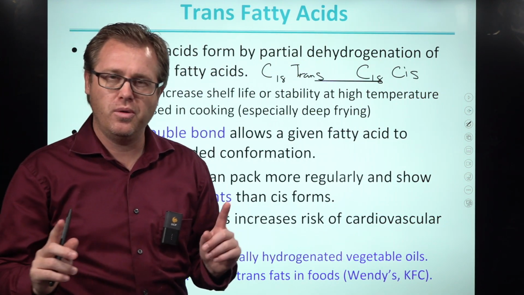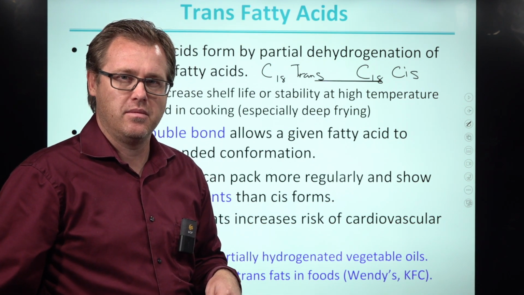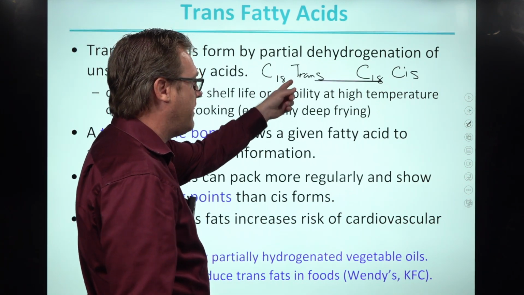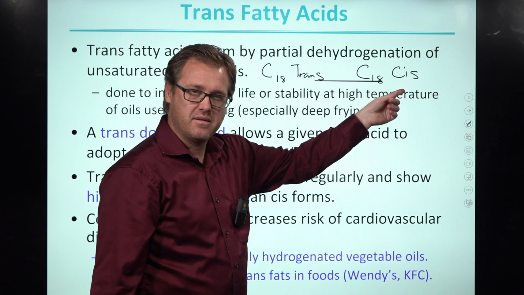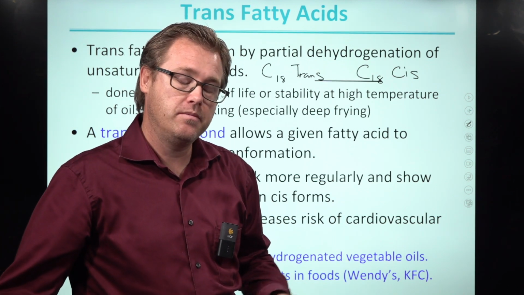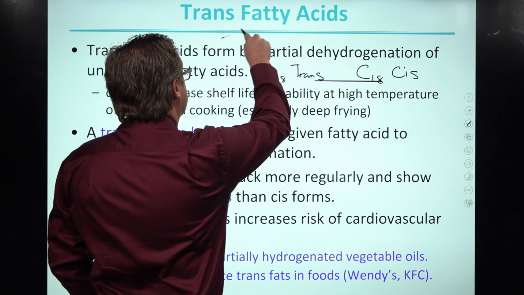Between those two, which one do you think would have the higher melting point? Well, the trans would have a higher melting point than the cis. That's because in the trans double bond, there's no kink. This would be saturated.